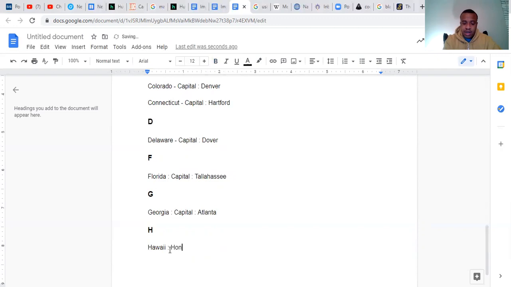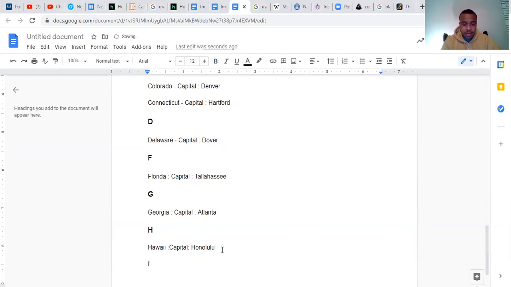Nice sounding state. Honolulu. Capital of Hawaii is Honolulu. Of course, we know Hawaii was the last of the 50 states, and it was a series of islands compiled.